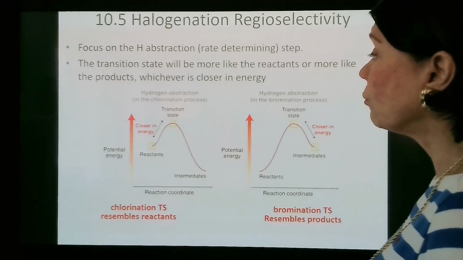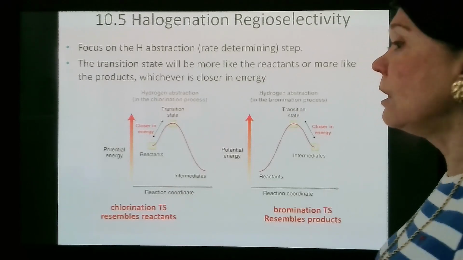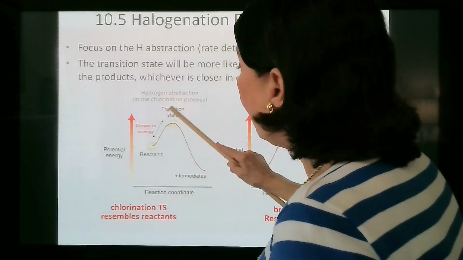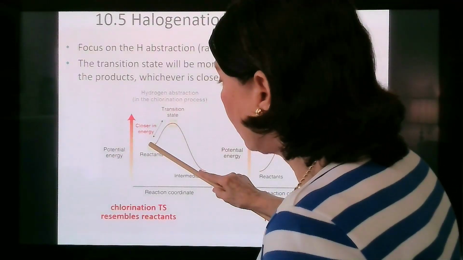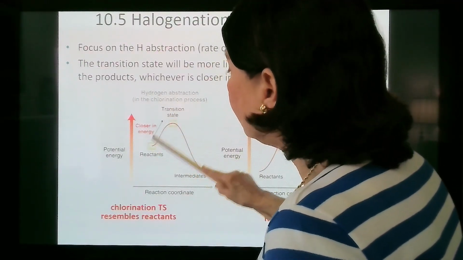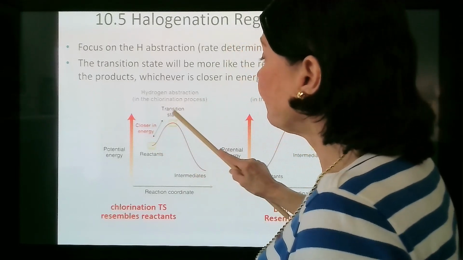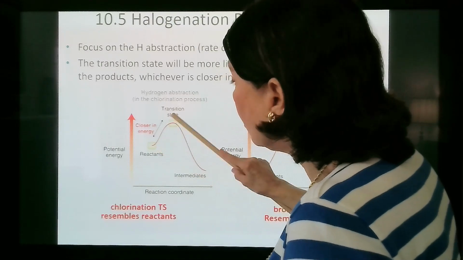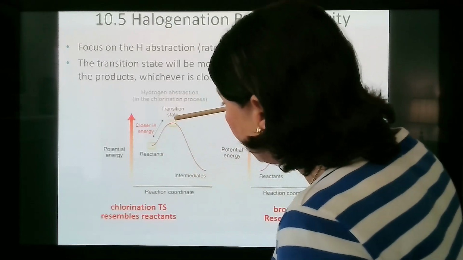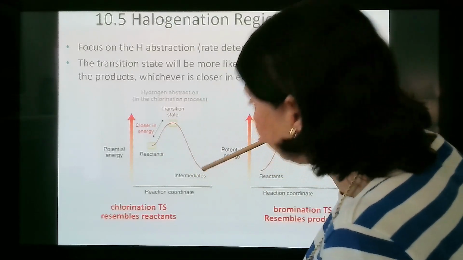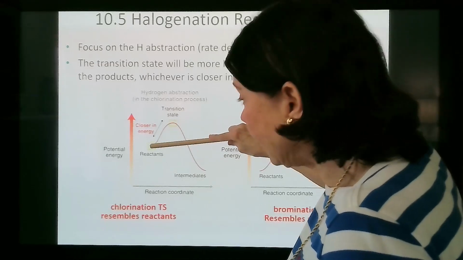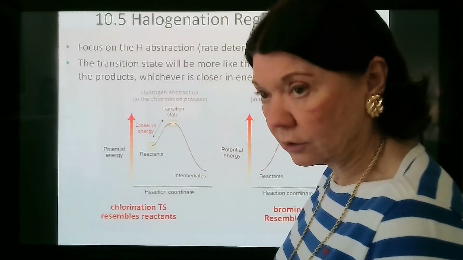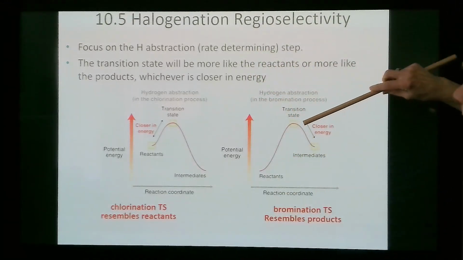Okay? And also remember the little theory that we learned earlier, that whatever the transition state is closer to, that means it resembles that structurally more. So the transition state, since it's closer in energy to the reactants than it is to the intermediates, will also be closer structurally. Over here, look at bromination.